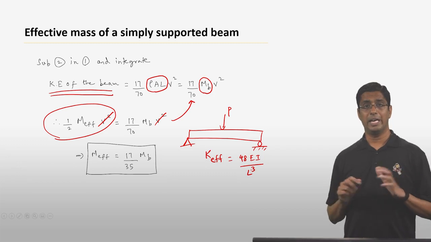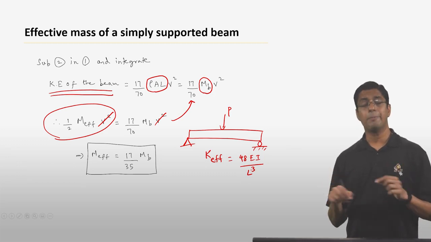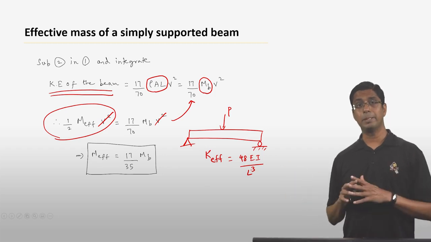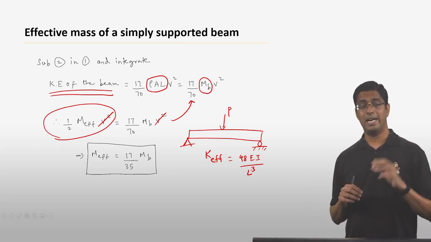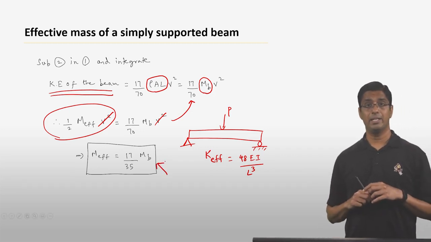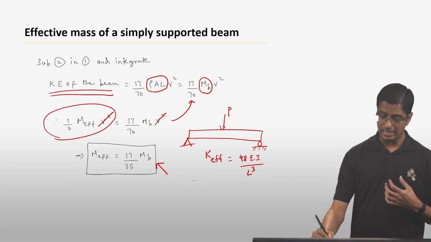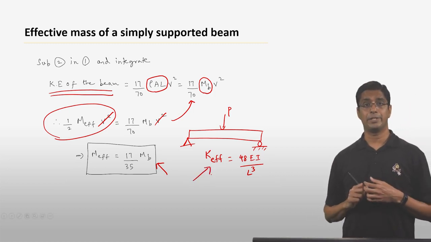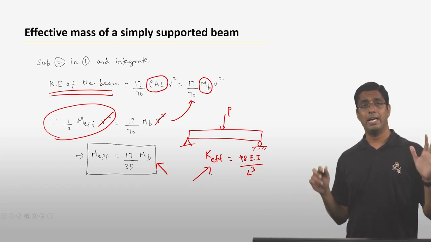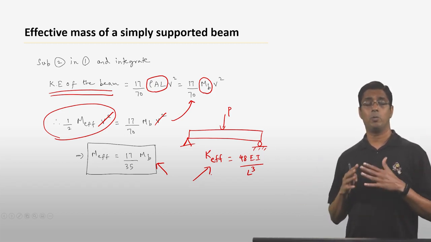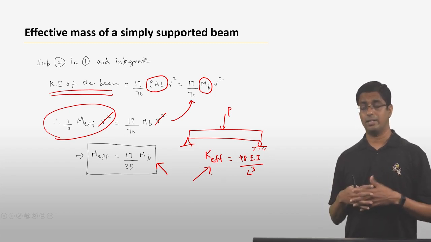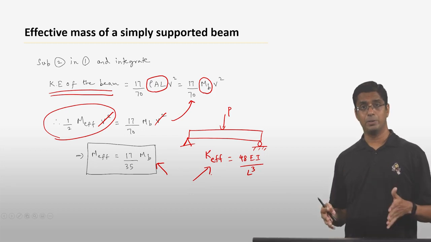So now if you want to analyze the vibrations of such a simply supported beam, you can take this beam and represent it as a mass equal to 17 by 35 m_b and a spring that has an effective stiffness of 48 EI over L cubed, and run the same analysis that you did for the single degree of freedom system. That will provide you the displacement, or the vibrations, of this particular simply supported beam, even though it is a continuous system.